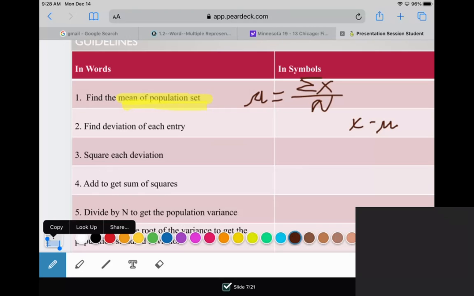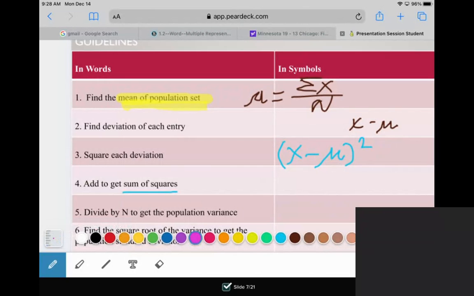We're going to square the deviation. Deviation is this one, so we're going to square it: X minus mu, squared. So whatever the value, remember how we find the deviation? We take that value and we just square it, put a second power on it. The next step is to add the sum of the squares, which means we're going to add all of those.